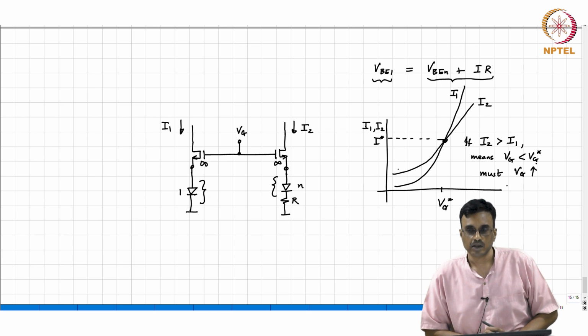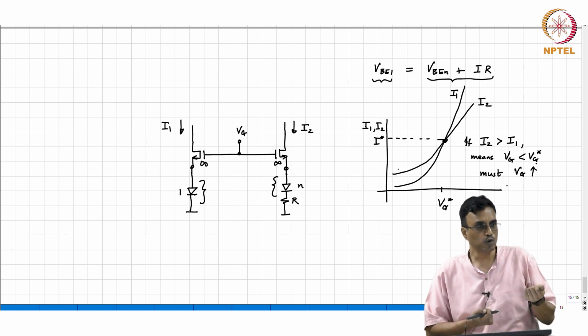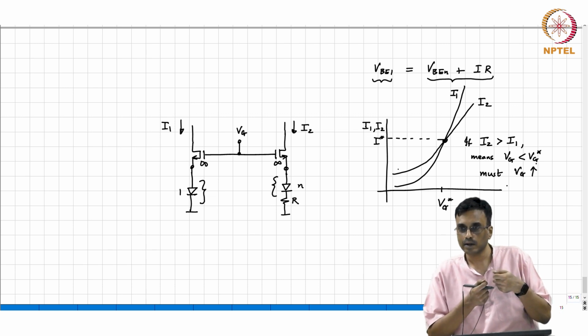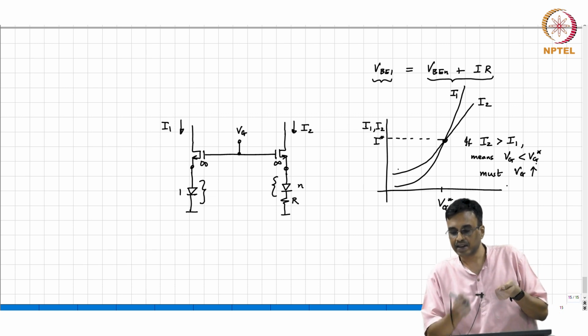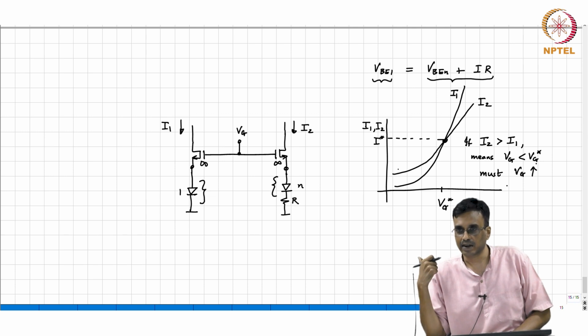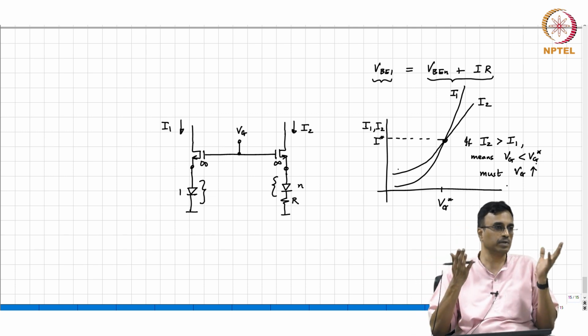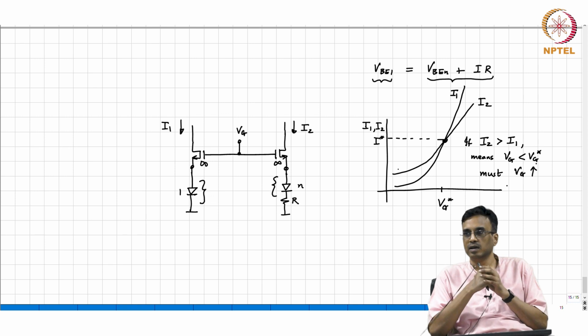So how do you compare I2 and I1 and change the direction of Vg in the right way? How do you compare? What physical principle will be used to compare two currents? KCL.